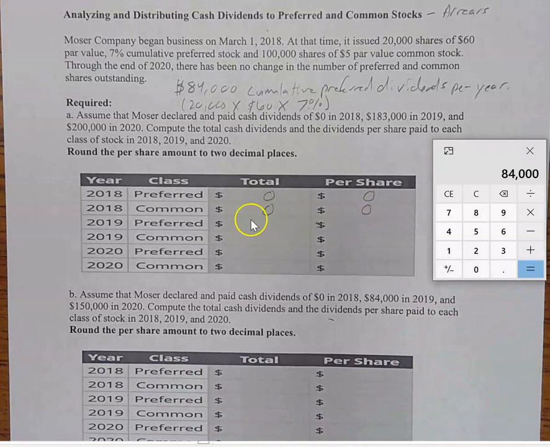However, we want to recognize that in 2019 they paid $183,000. So how do we figure out how much goes to preferred and how much goes to common? Well, they paid out $183,000, and because this is cumulative preferred stock, we have to say what's $84,000 for 2018 plus $84,000 for 2019, and that comes to $168,000.